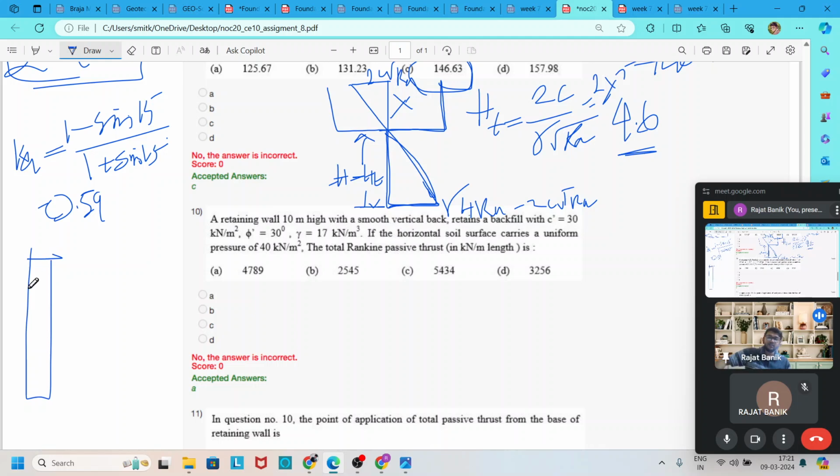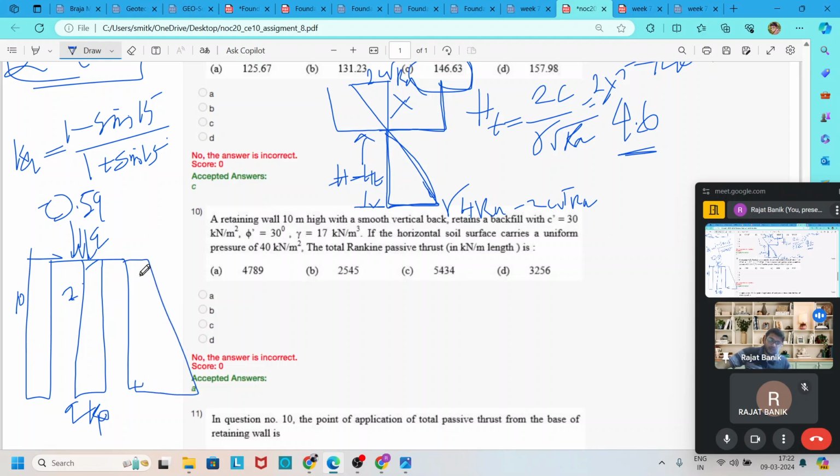In our diagram, the retaining wall height is 10 meter and gamma is 17 kilonewton per meter cube, and the surcharge is acting, and there is also the presence of c, that is cohesion. So the pressure diagram for surcharge is like that, Q into Kp, and for c-phi soil the pressure diagram for the passive case is like that.